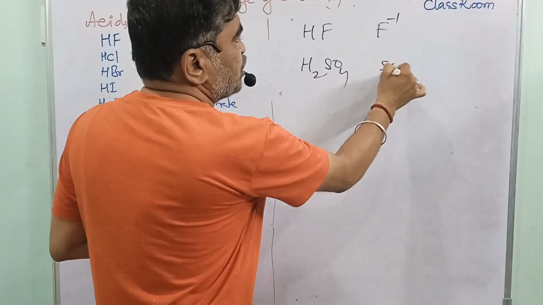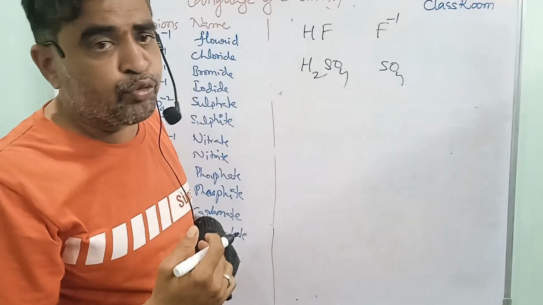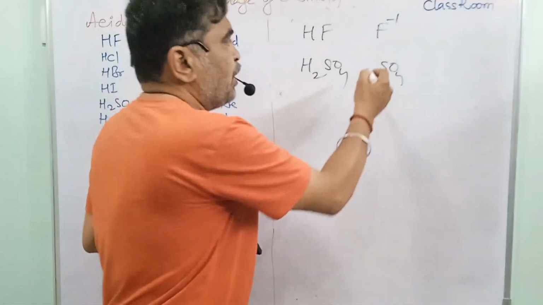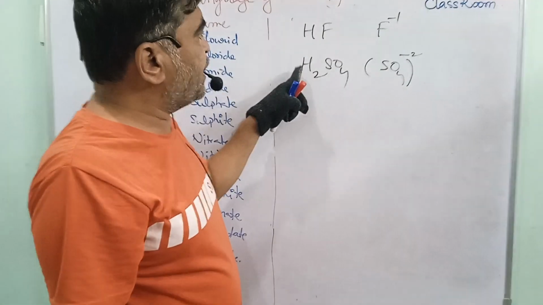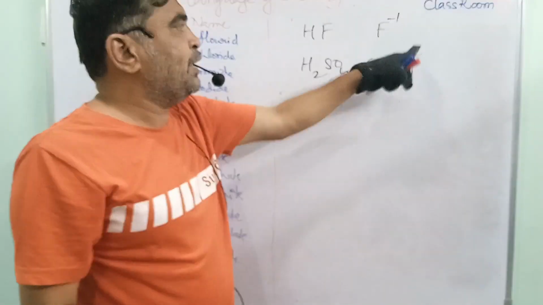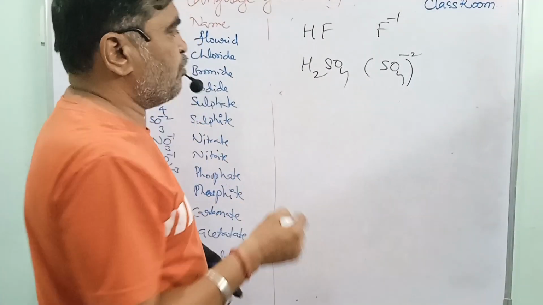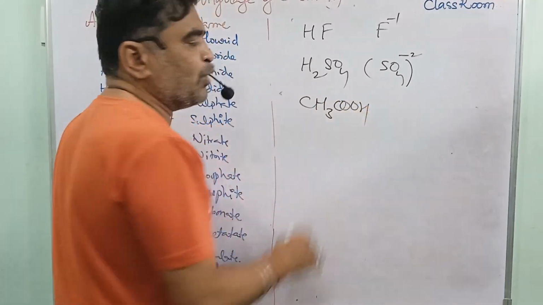What is the anion? It is SO4. How many hydrogens do you have here? Two hydrogens. So SO4 gets a 2 minus charge, because you have two hydrogens. So it is SO4 minus 2. One more example we will take, acetic acid, CH3COOH.